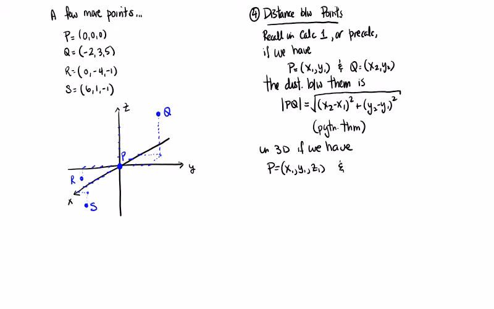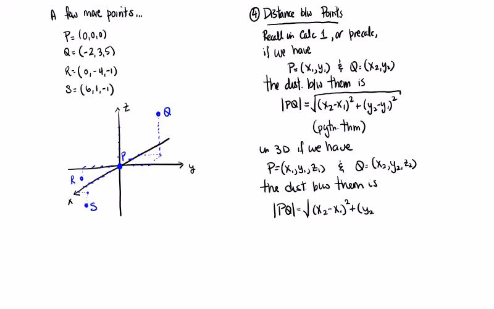So if you have these 2 points, then the distance between them is the distance between P and Q. So it's the exact same formula, except it gets a Z. And notice it doesn't matter if you do x2 minus x1 or x1 minus x2 because you're squaring. It doesn't matter if you do the x's then the y's, or the y's and the x's. Doesn't matter if you do the z's first or last because you're adding. That's it, the Pythagorean theorem again.